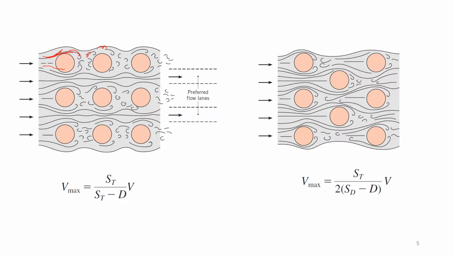On the other hand, if you have staggered orientation, you start with laminar, and then you have wake formation with turbulent flow, and then the next one may still experience some laminar flow instead of going directly into wake formation.